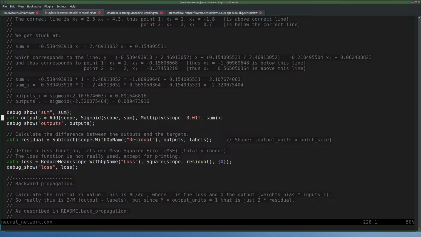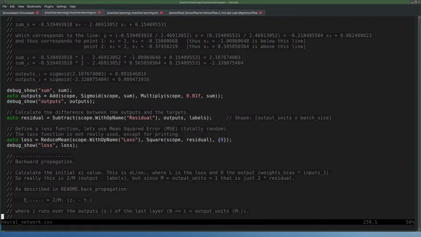But why not? I can use this as an activation function if I want to, can't I? You subtract outputs minus labels.